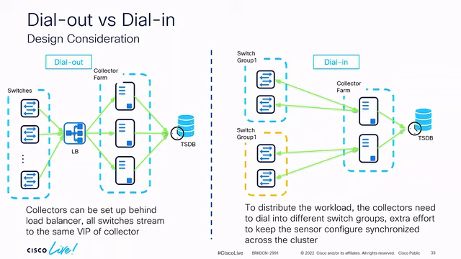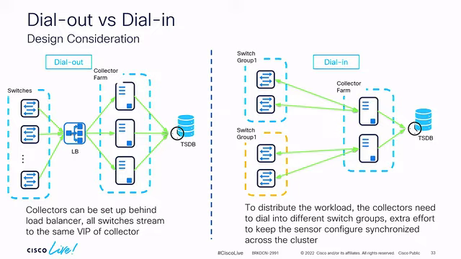For dial-in, again because of TCP, and it's against the nature of load balancing, you cannot do that. You cannot just simply insert a load balancer in the middle. So in order to distribute the workload, basically you have to distribute your collectors and let them dial into a different group of switches.